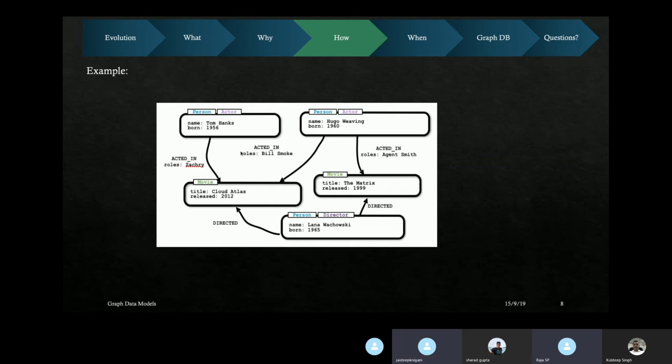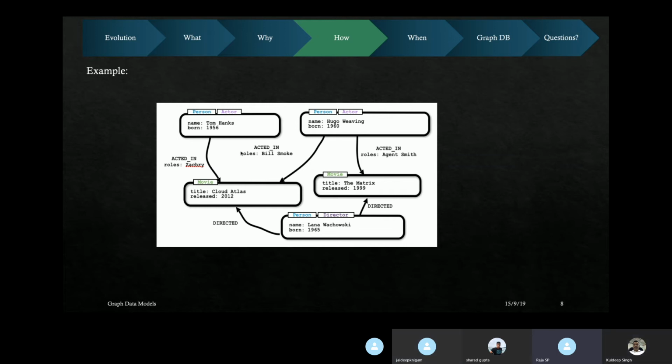Raja, the way I'm saying it is defining the schema. When you say a schema, you are talking about an abstract definition of a person, an abstract definition of a movie. That's it, there is nothing more to it. A movie must have a name, and must have when it was released. A person must have a name, a gender, where he was born, when he was born.